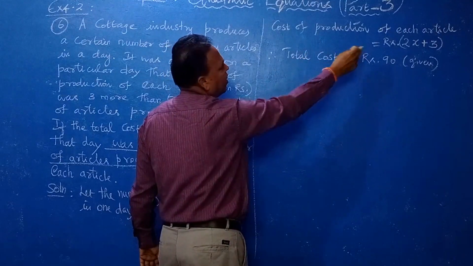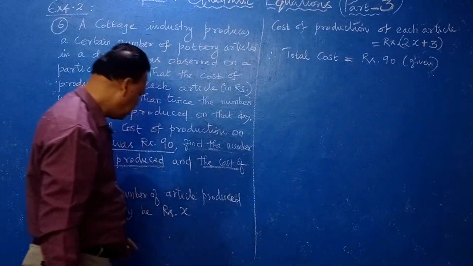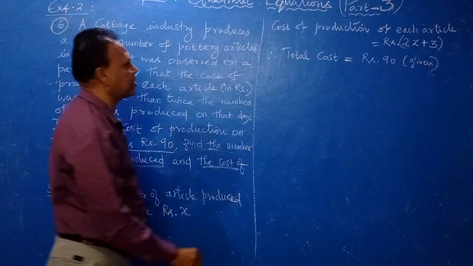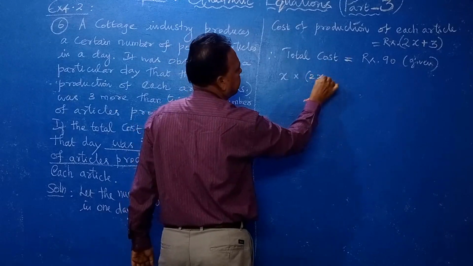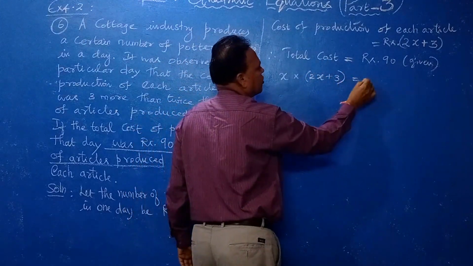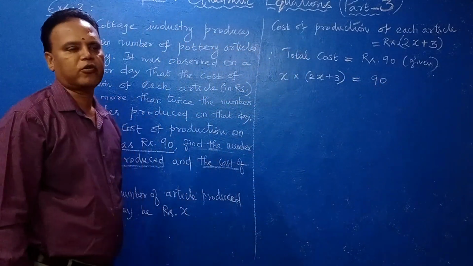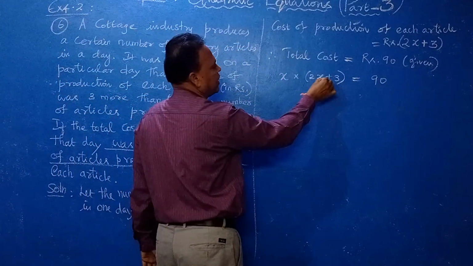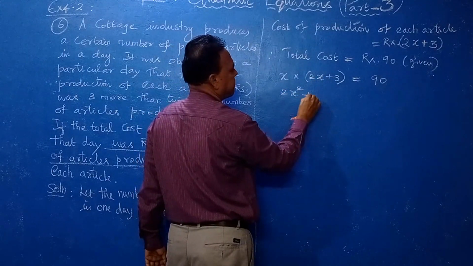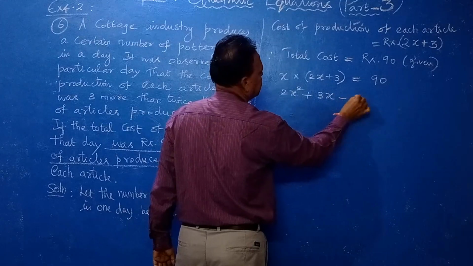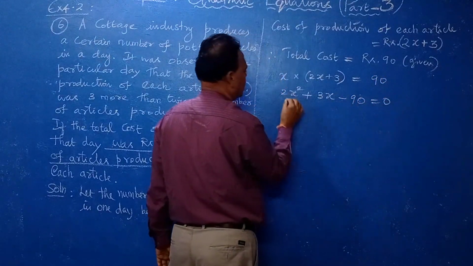Cost of each article into number of articles, that is equal to 90. Now using this you will get a quadratic equation. Multiply out: 2x square plus 3x minus 90 equal to 0.